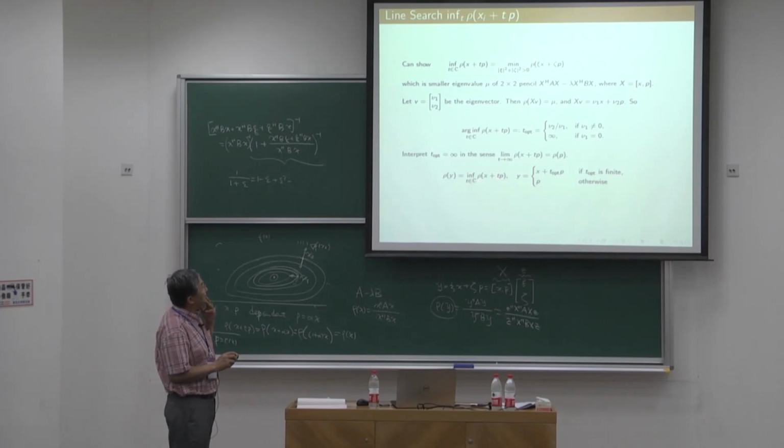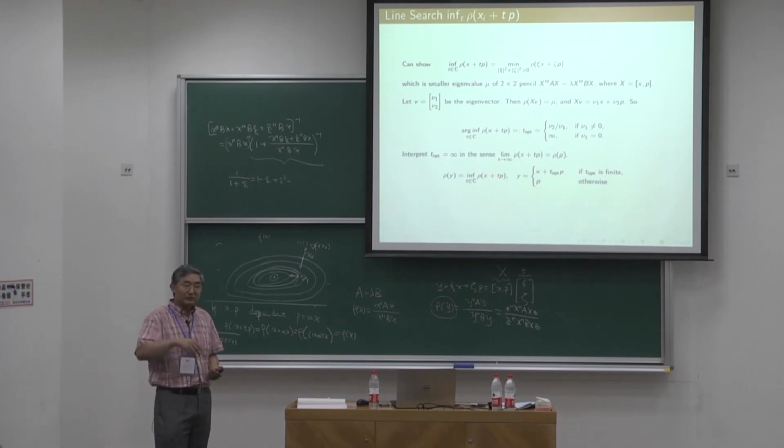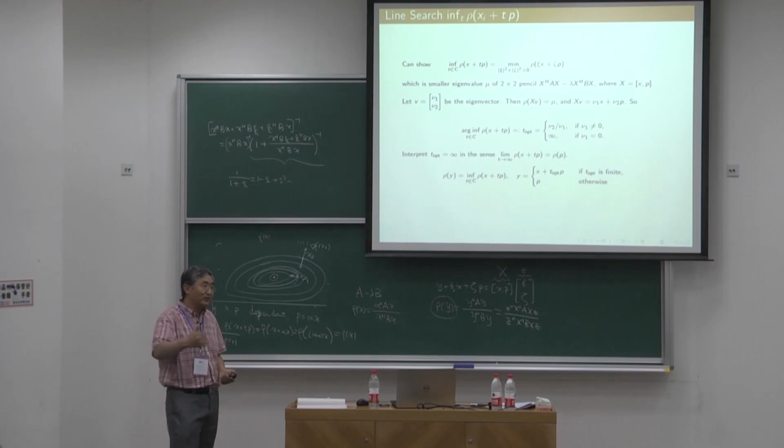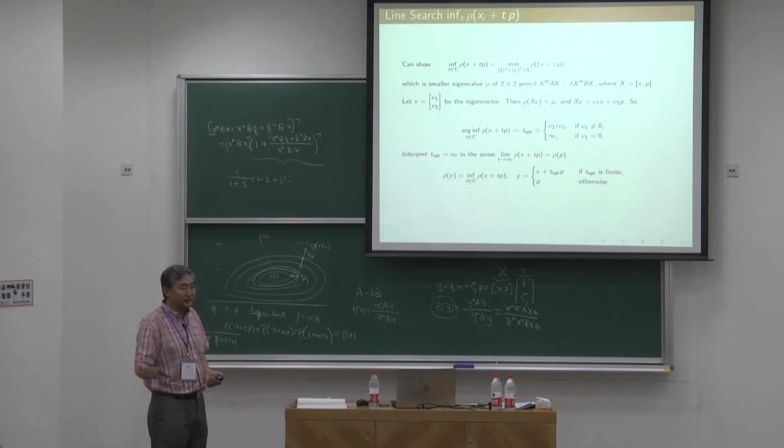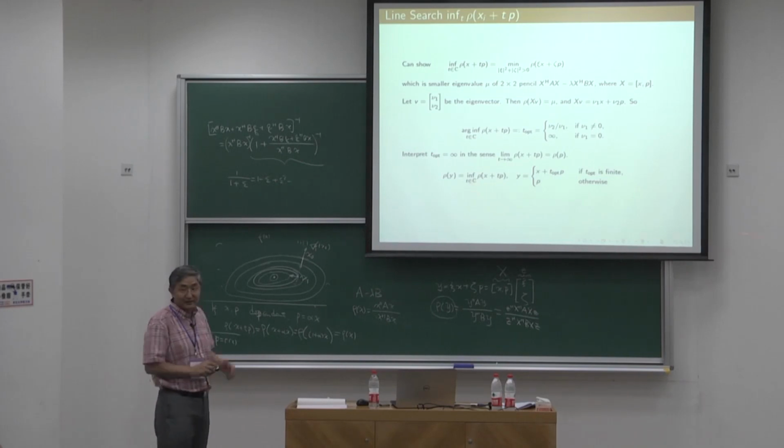In the real case, when A is a real symmetric matrix and B is a real symmetric matrix, I mentioned that you can pick t in R, and with t equal to R, this becomes a single variable function. You try to find the minimum. How do you find the minimum of a single variable function? You take the derivative equal to 0, right? But if t is in C, then you cannot do that.